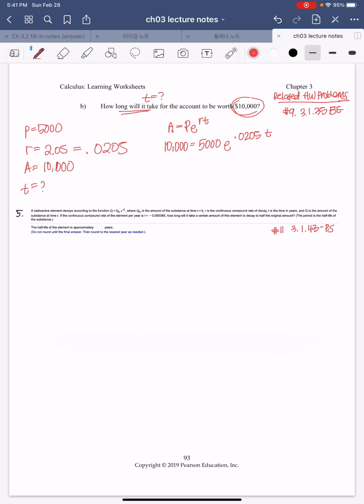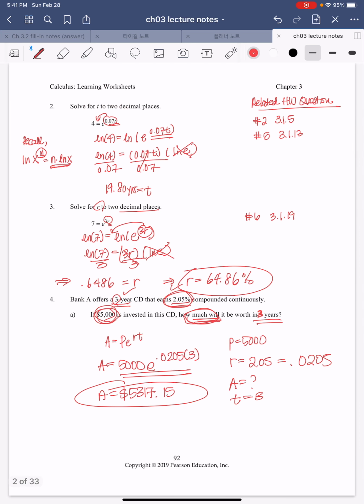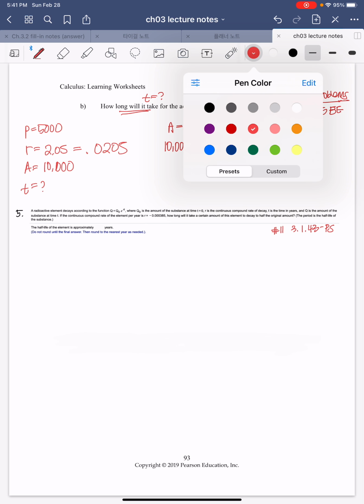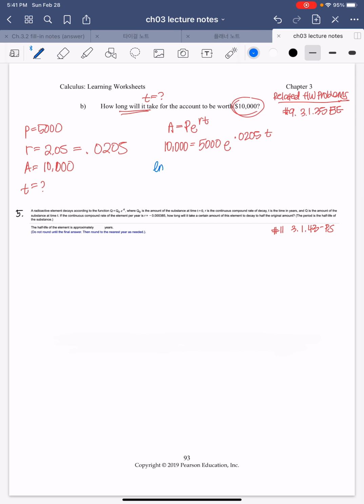So you can see that this looks very similar to number 2 where we had to figure out T. So I need to apply ln to both sides, bring down the power as a product, and solve for T. So that's the exact same approach I'm going to do. I'm going to apply ln to both sides.